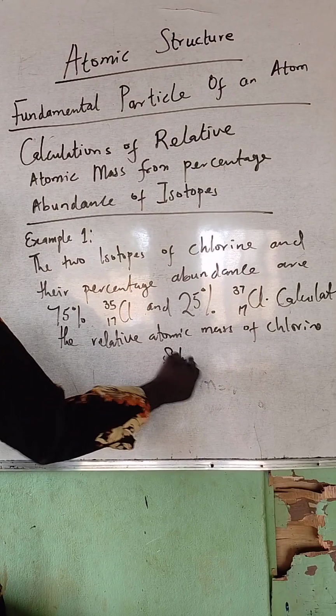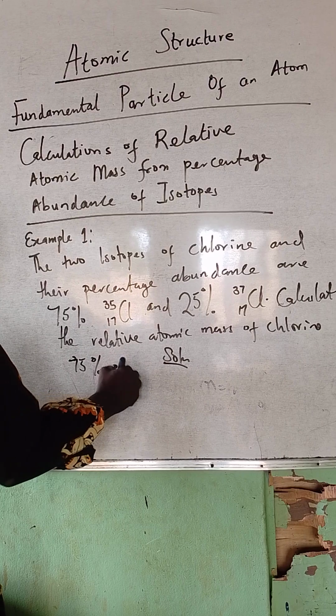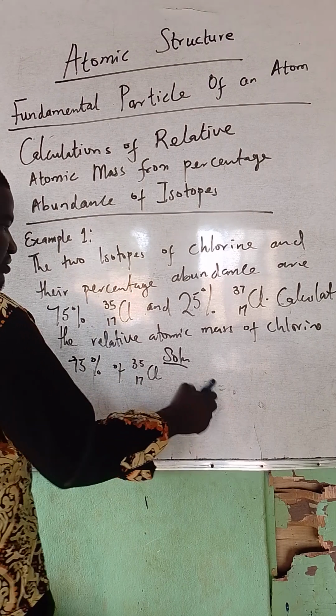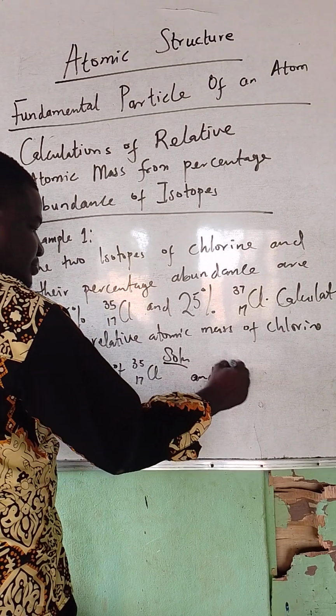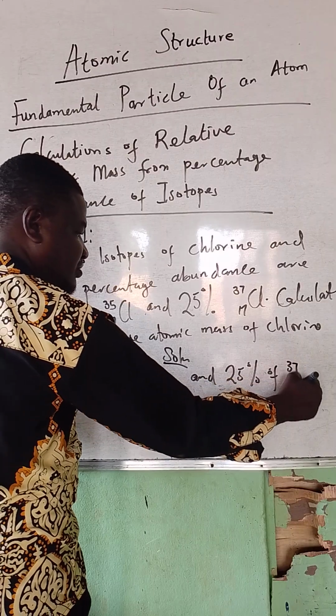Now this is what we do. Solution. We are given 75% of 35 and 25% of 37.